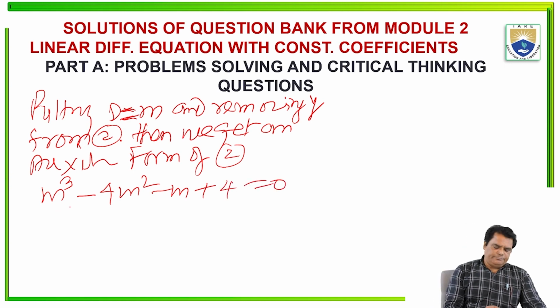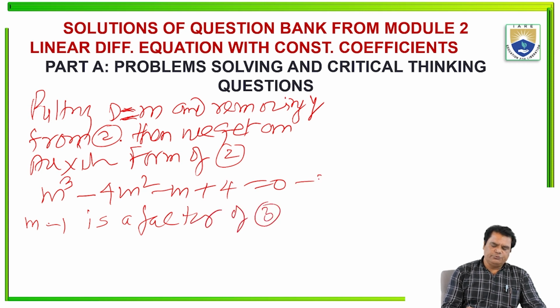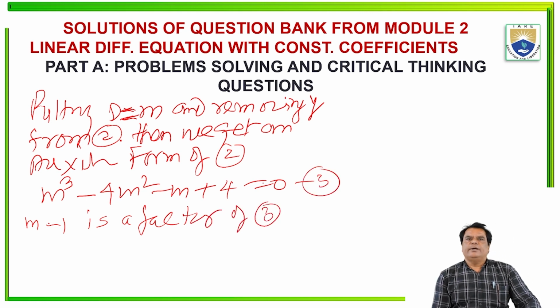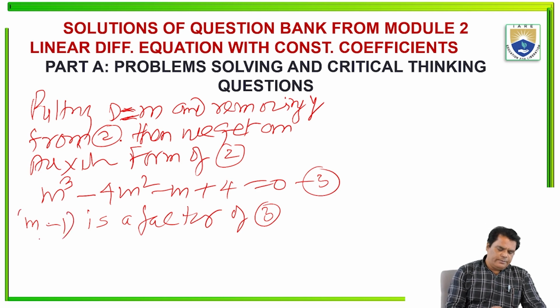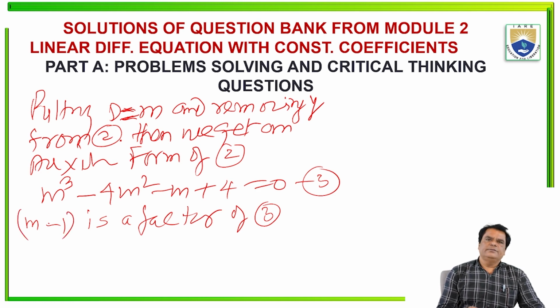Now factorizing: m equal to 1, 1 minus 4 minus 1 plus 4 is 0, so m minus 1 is a factor of equation 3. M equal to 1 is a factor of equation 3.